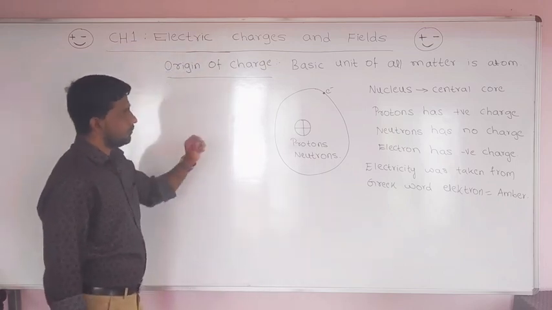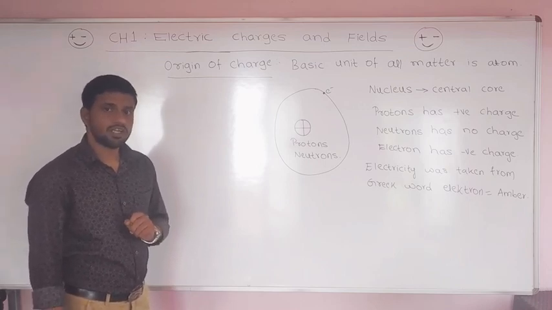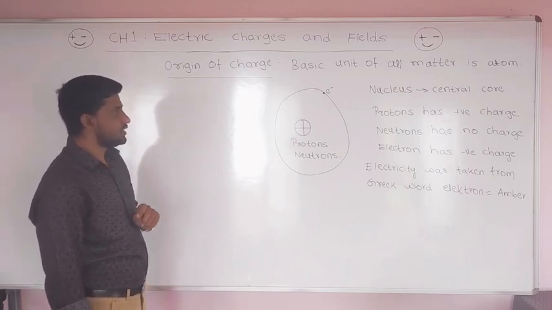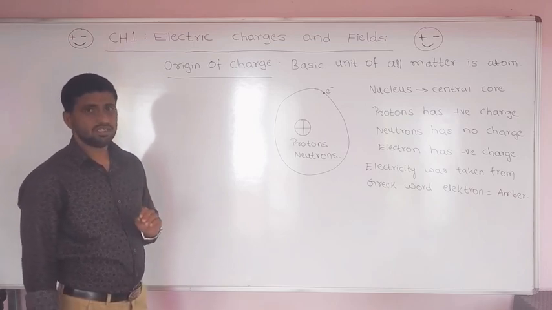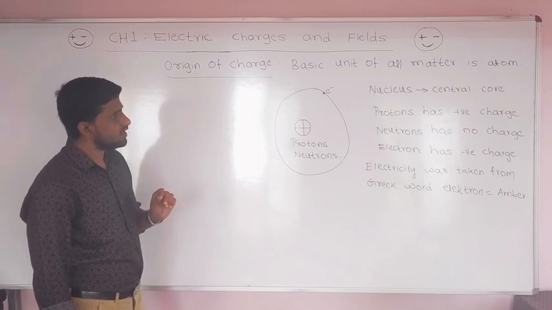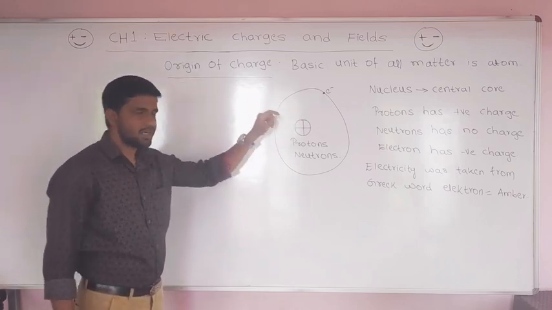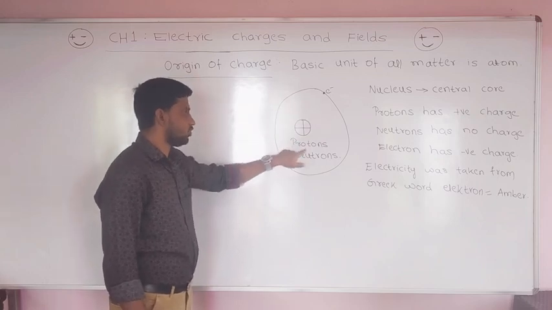By the definition of charge, we know that charge is a physical property of matter. That means charges also have mass and occupy space. Now we'll see the value of the mass of these charged particles. Here charged particles means electrons and protons.